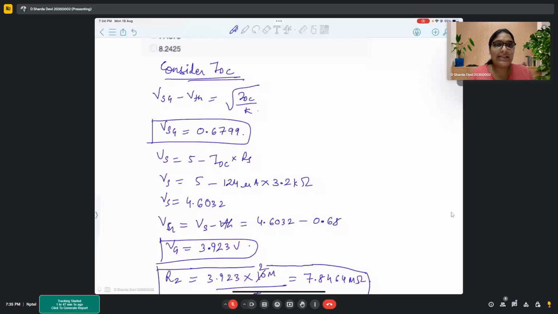So IDC is the correct result, which is almost equivalent to this one. And this is 3.189. So RS is 3.189.